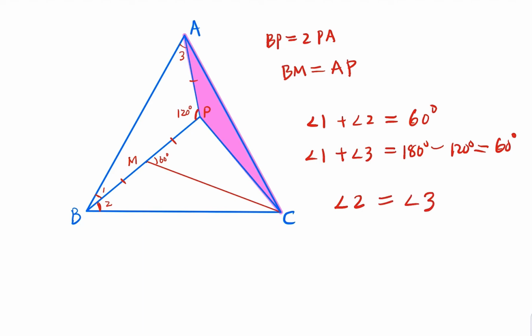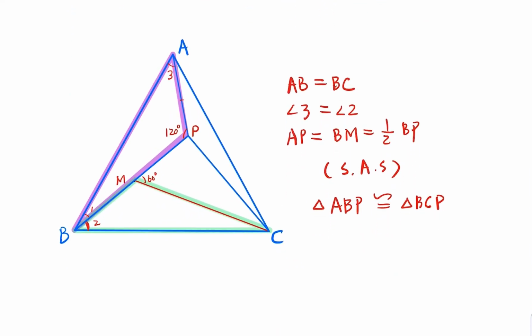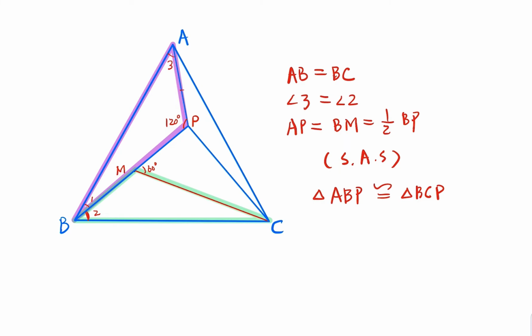So let's look at this triangle here as I marked in the next diagram. Now we have highlighted two triangles. They are congruent. Why? We just argued that the side, the angle, and the side are equal to each other. So we know that these two triangles are congruent with each other.